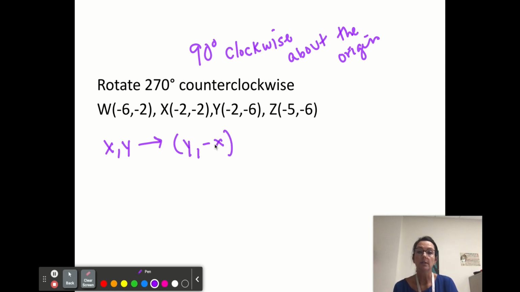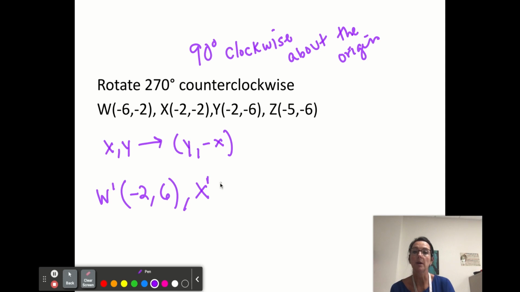So we're going to reverse the two x and y coordinates, and then we're going to take the opposite of the new y. So to get W prime, we would write -2, and then the opposite of the new y would be +6. X prime, we would have -2 and a +2.